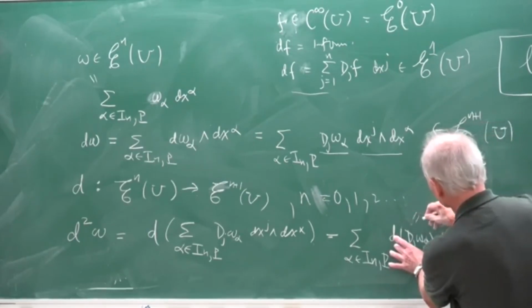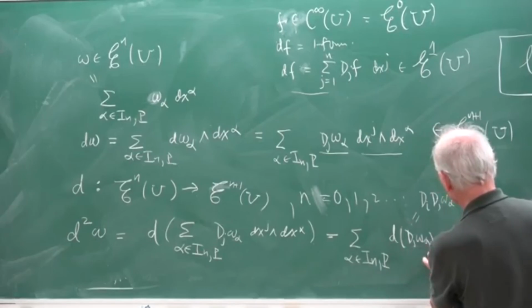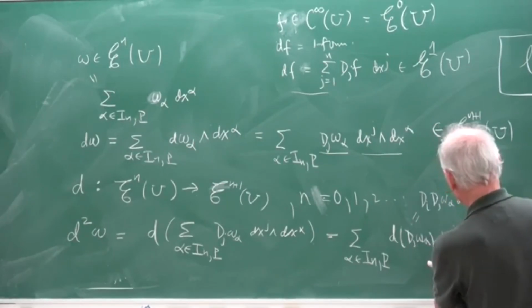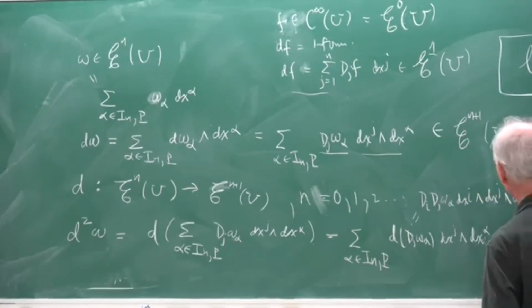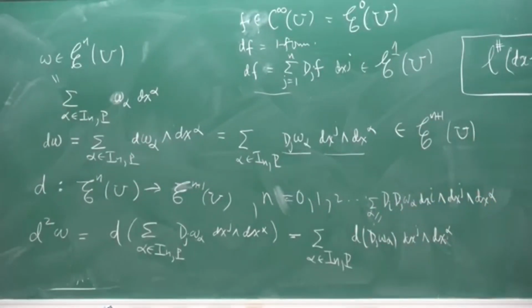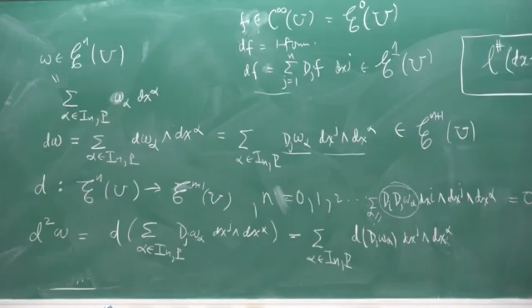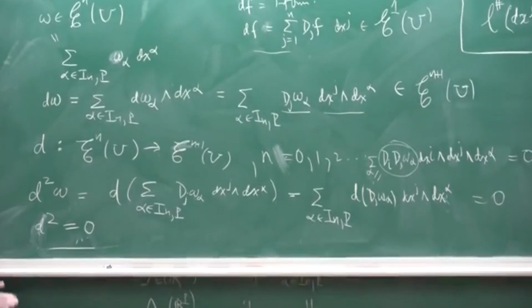But d of this, remember, is by the same reasoning as we had here. This is d_i d_j omega_alpha, second partial, times dx_i wedge dx_j wedge dx^alpha. So that's what that looks like, sum over alpha. And of course that's 0 because the mixed partial derivatives are equal. So 0. So d squared is equal to 0 as an operator.